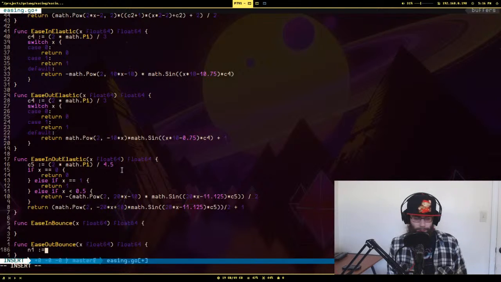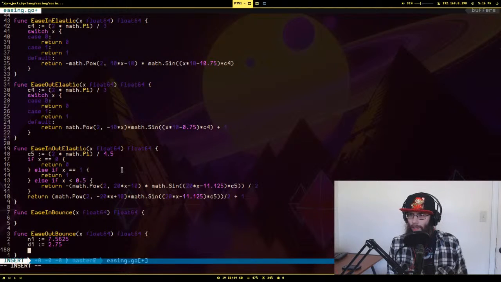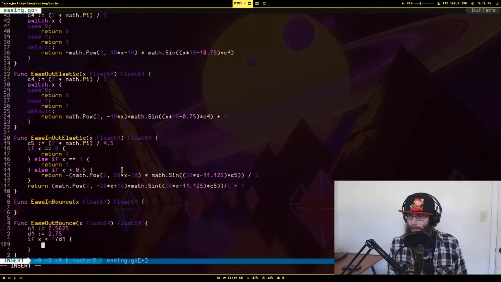n1 equals 7.5625. d1 equals 2.75. There are quite a bit of conditionals. If x is less than 1 divided by d1, return n1 times x.